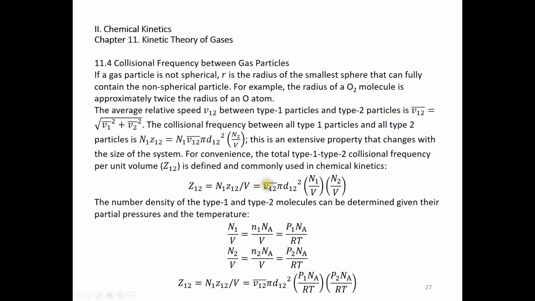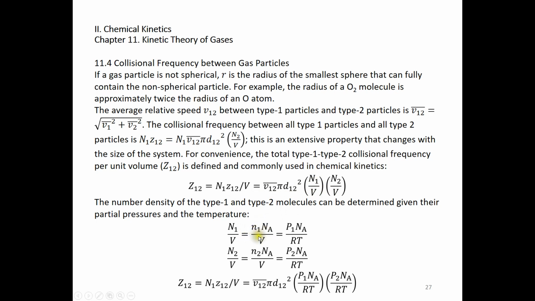And this can be written as the average relative speed times the collision cross-sectional area times the number density of type 1 and the number density of type 2 molecules. N1 over V is the lowercase n1 over V times the Avogadro constant.